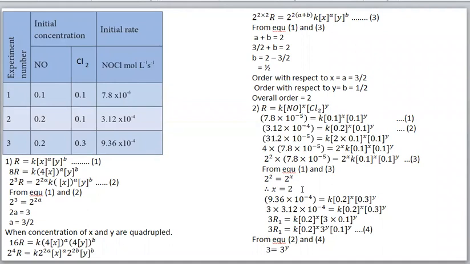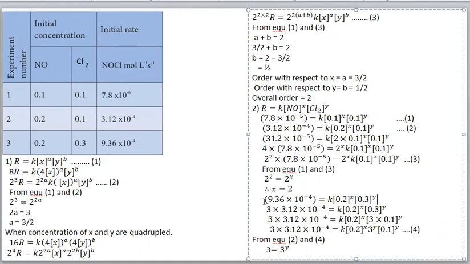Then we have to find out the value of Y. Now, in the rate expression, we can substitute the third reading. So, right side 9.36 into 10 to the power minus 4. There is rate. We can write here. Then equal to K into, here you see, NO concentration to the power X. Here 0.2 to the power X into concentration, which one? Cl2 concentration 0.3 to the power Y. Okay.